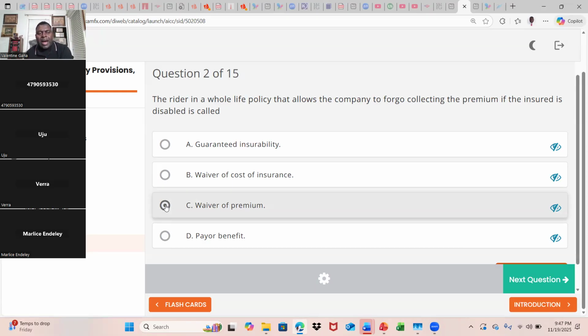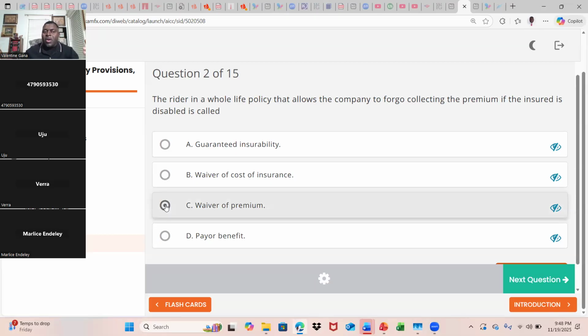The other similar rider that will waive premium is the payor benefit, but it's mostly when there's a juvenile that is the insured, and then the owner or the payer becomes disabled. Then they will cover that juvenile.